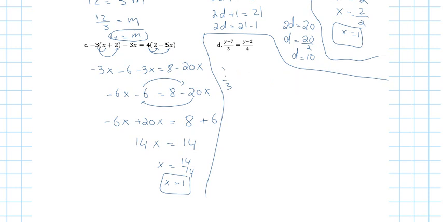I can multiply the 4 by the y minus 7 and the 3 by the y minus 2. So, 4 times, you see my brackets? They're important because that 4 is multiplied by the whole y minus 7. Equals 3 times y minus 2.